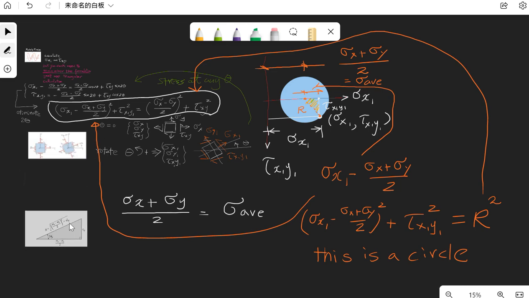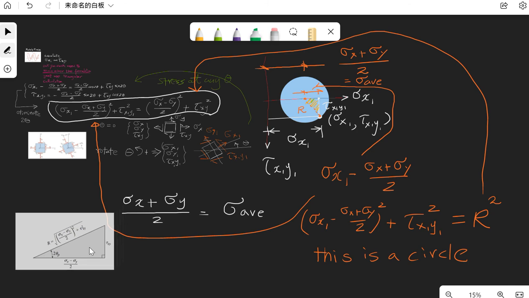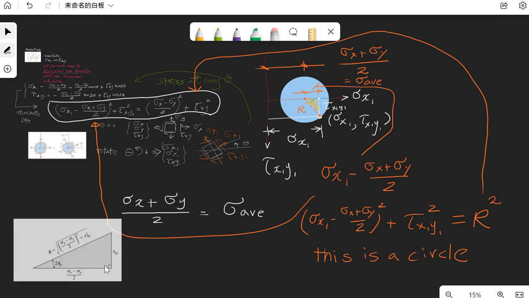But remember yesterday we have the formulation. When we try to find the principal angle, we can find tangent 2 theta p equal to this relationship. So in this case, you look, the r value is just equal to the square root of this value.